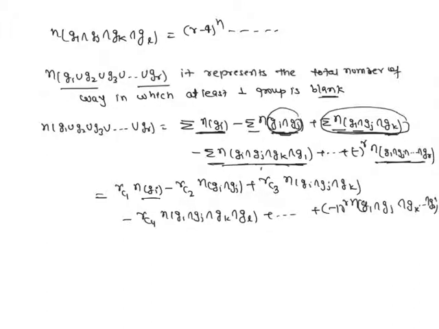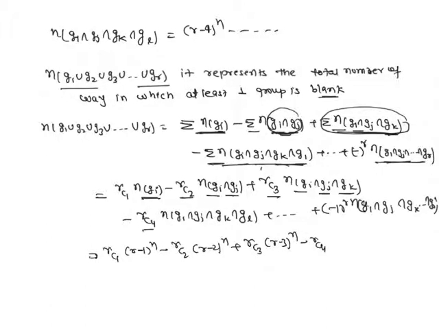Now we will put the values. So this will become rC1 into n(Gi), which is (r−1)^n, minus rC2 into n(Gi ∩ Gj), which is (r−2)^n, plus rC3 into n(Gi ∩ Gj ∩ Gk), which is (r−3)^n, minus rC4 into n(Gi ∩ Gj ∩ Gk ∩ Gl), which is (r−4)^n, plus ..., plus (−1)^r into n(Gi ∩ Gj ∩ Gk ∩ ... ∩ Gr), which is (r−r)^n.